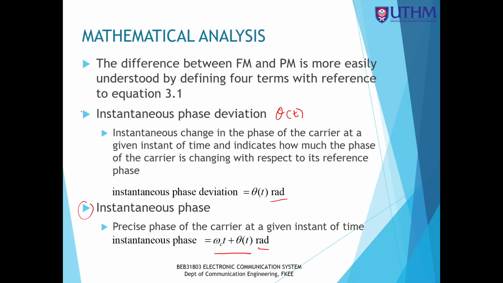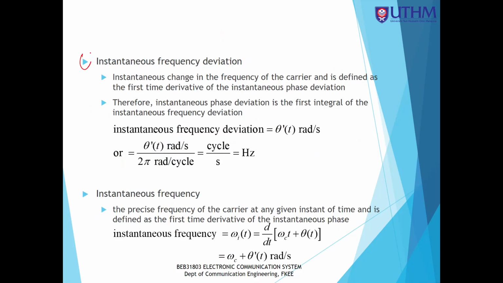So we have one, two, and then the third. The third parameter here is what we call the instantaneous frequency deviation, the rate of change of the carrier frequency at a particular time. It is defined as theta prime t, which is equal to the derivative d/dt of theta t.